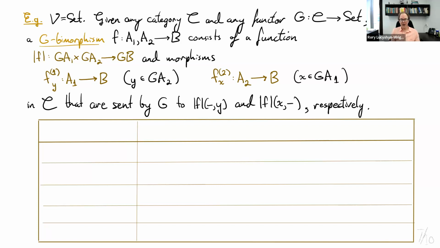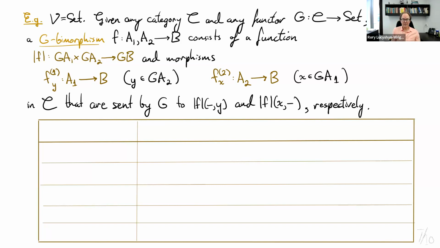And similarly, we ask for a family of morphisms from A2 to B, one of these given for each element x in G at A1. And we ask that these morphisms in C be sent by G to the maps vertical bars f blank y and vertical bars f x blank respectively.